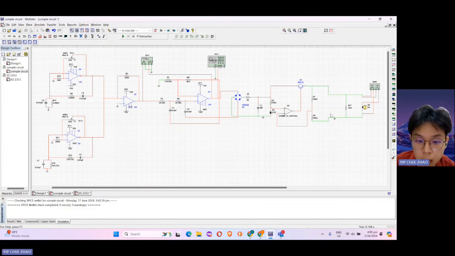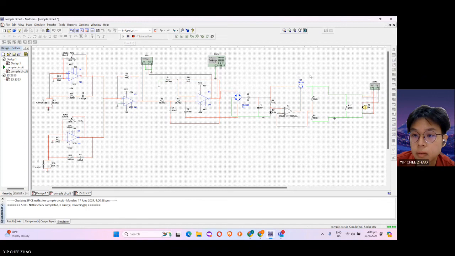The next one is the load. The load section uses a transistor to drive the load with the regulated voltage, and the meter measures the output. Now let's see the output.